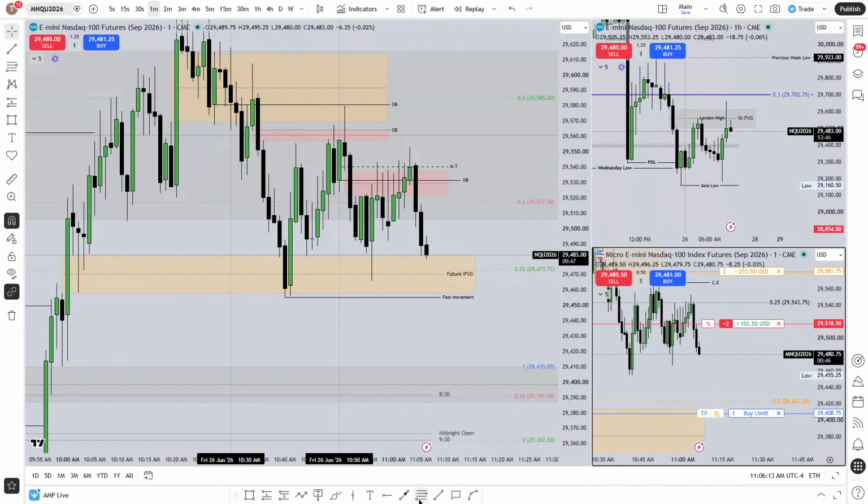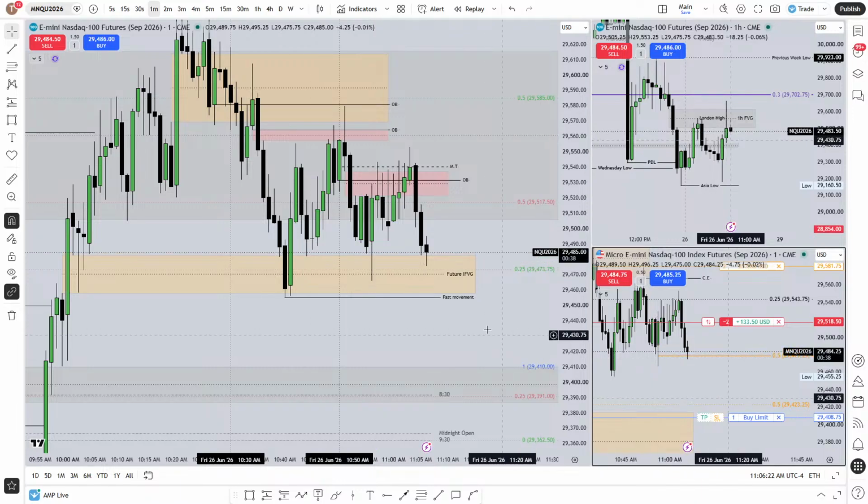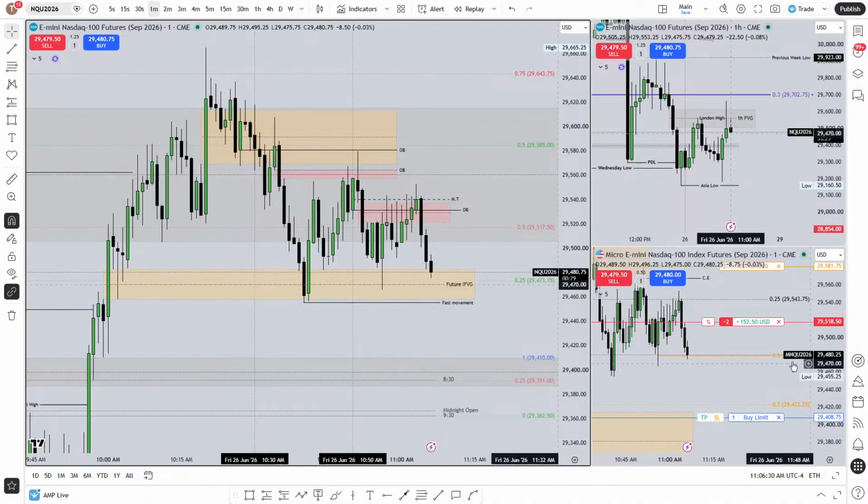Midpoint of this wick will be important. Already hitting that in the bottom right hand corner. If we can close below that, then I think these equal lows are almost all but guaranteed to get hit.